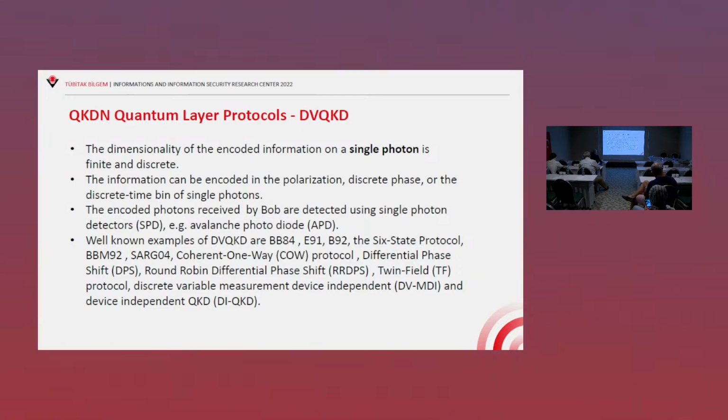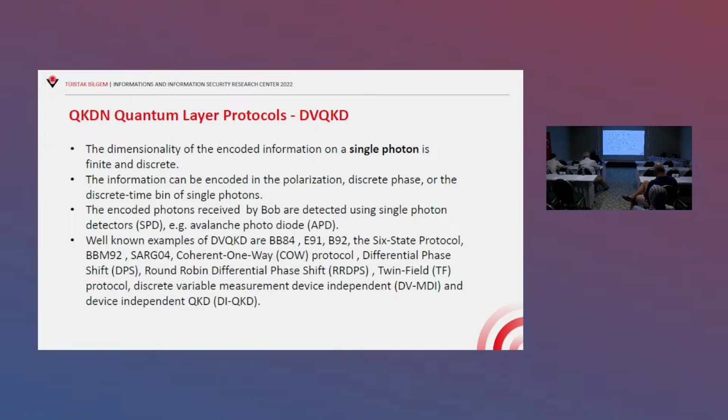Avalanche photodiodes are popularly used, or nowadays photodetectors based on superconductivity, which are much more sensitive. Close to 100%, 98% quantum efficiency is possible nowadays with these superconducting detectors.